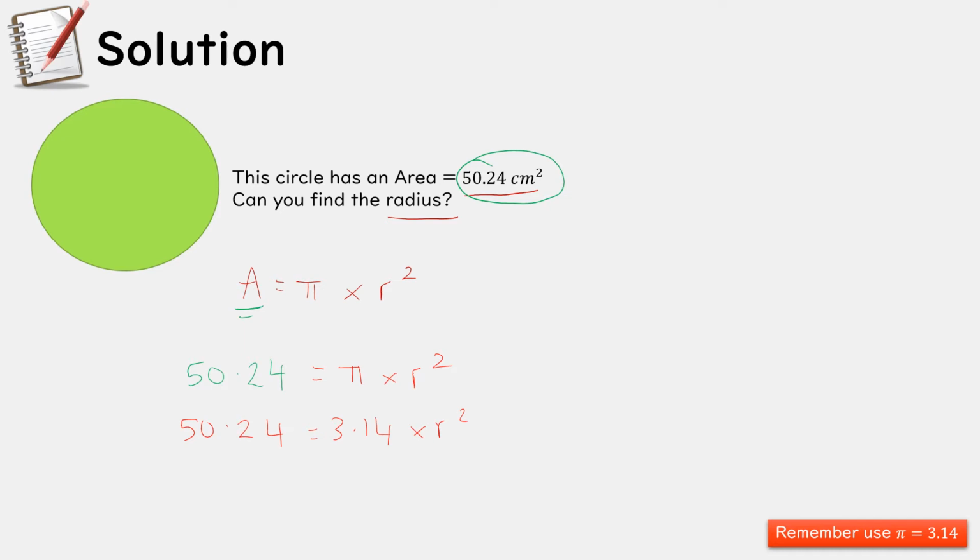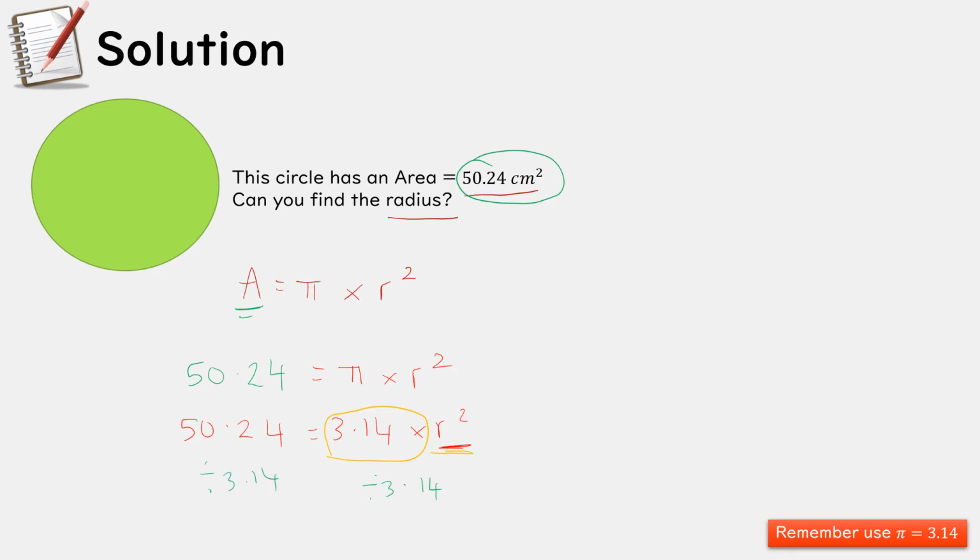Well, how can I find this radius squared? Remember back to that algebra we did. If I want to get radius on its own, at the minute it's being times by 3.14. So to get rid of that 3.14 and leave radius on its own, I'm going to divide by 3.14 on both sides.